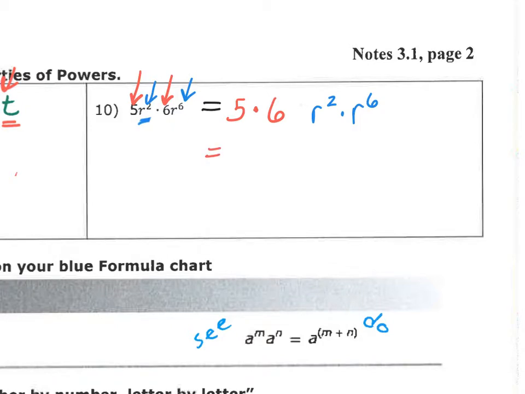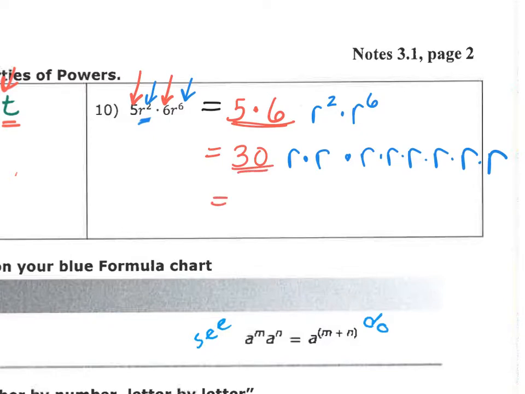Now the first thing we're doing is expanding it. With the numbers, we're not going to worry about expanding. What is 5 times 6? You're correct, that's 30. But with the letters, I'm going to expand it. So r squared is r times r, and r to the 6th is 1, 2, 3, 4, 5, 6 of them. So again, number by number, letter by letter, I've expanded.